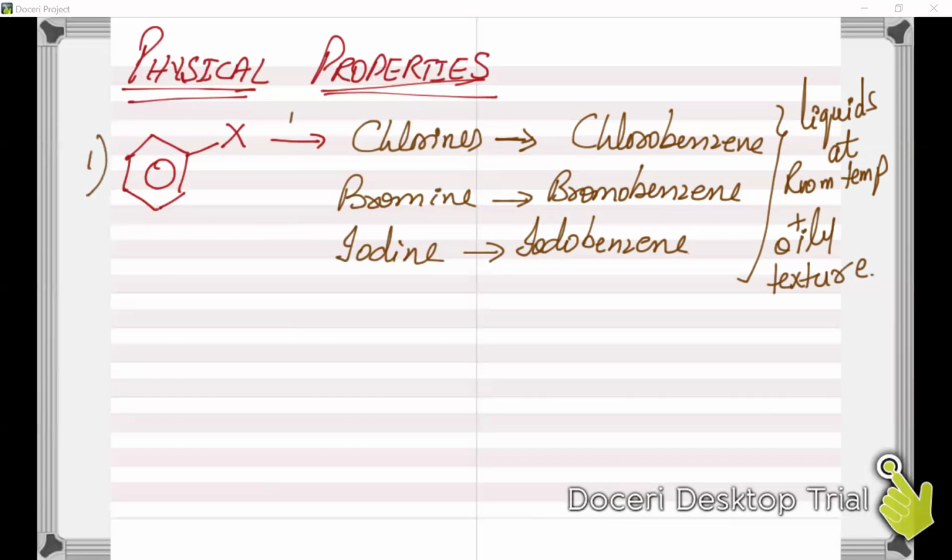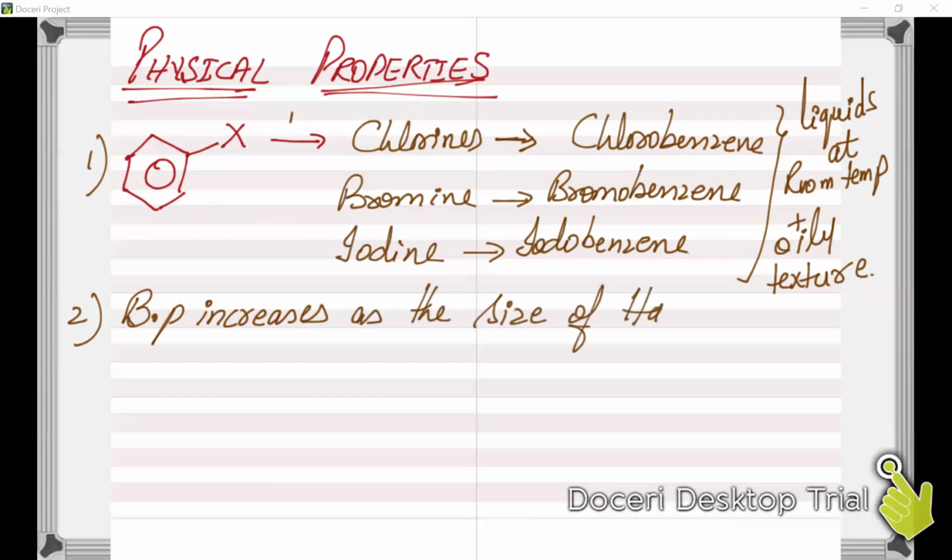This would be considered as the first point. And what would be the second point? The second point is that the boiling point increases as the size of the halogen attached increases.